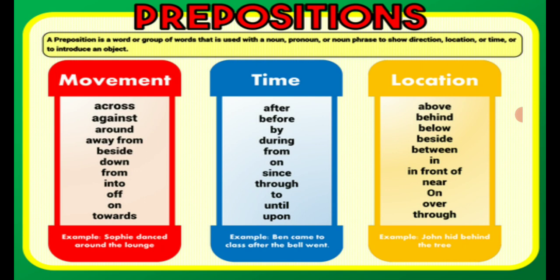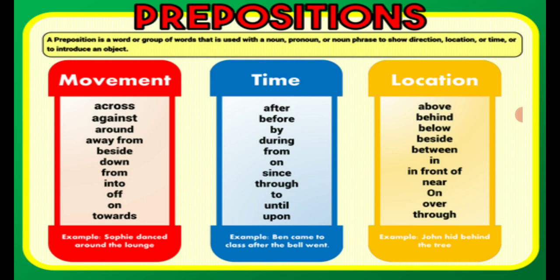Across, against, around, away, from, beside, down, into, off, on, towards are some examples of the preposition of direction. The next one is preposition of time, and the prepositions are after, before, by, during, from, on, since, through, to, until, upon.